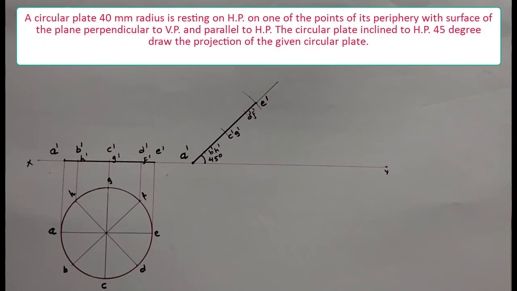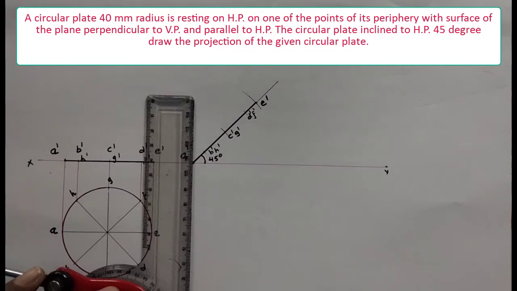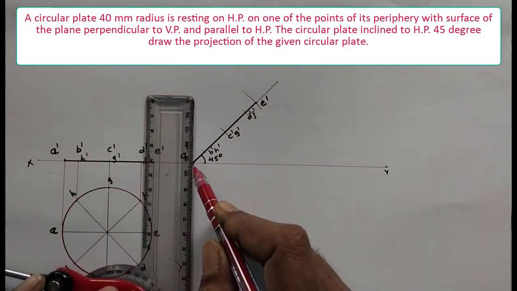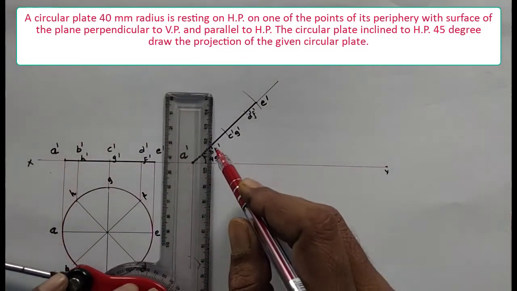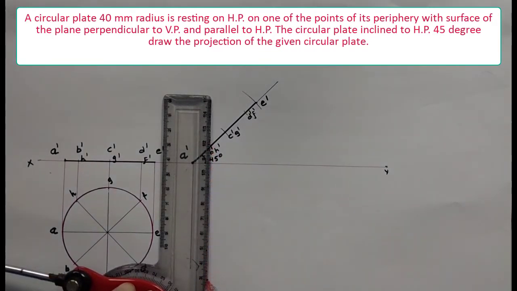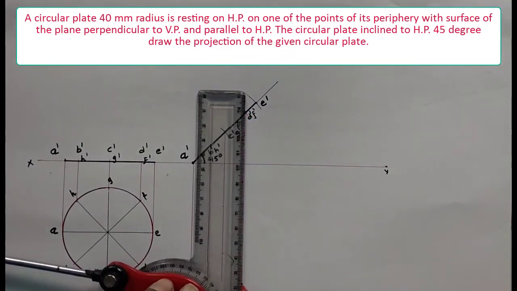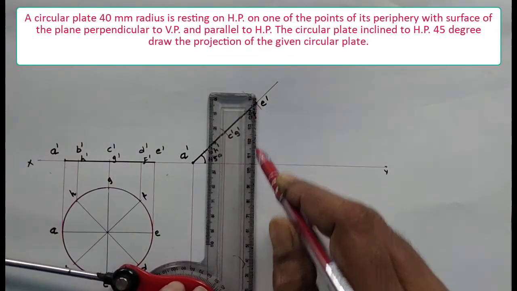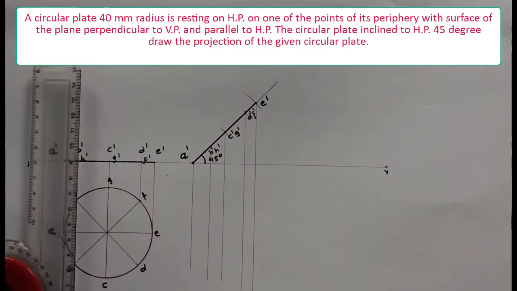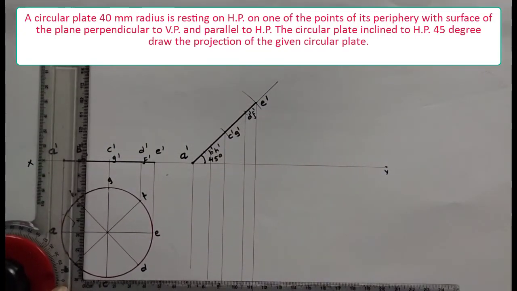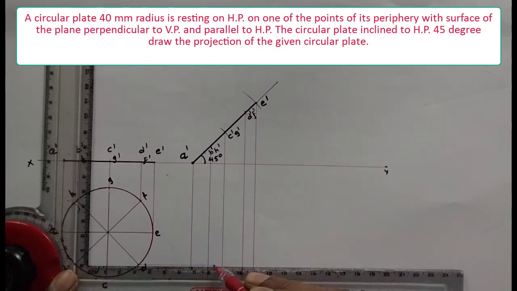Now what is my top view? So we move in the downward direction from all the points. And we know the plate is inclined to HP, so the top view is a surface. So for our surface, we take the horizontal projection from the previous plan.